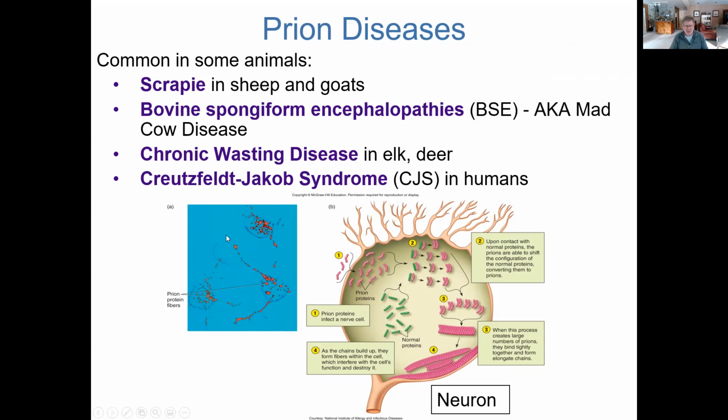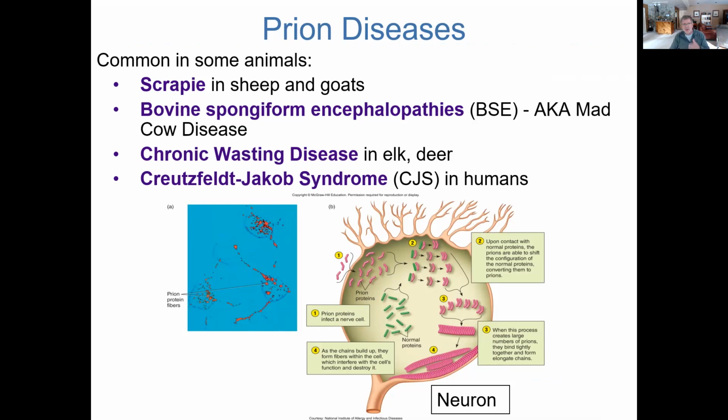So in this particular stained slide, we can see the prion proteins here in sort of orange. This indicates where in the cytoplasm the prion fibers have been deposited. And what that does is it prevents the neuron from transmitting the impulse like it ordinarily would. You all remember from A&P2 the process of depolarization, repolarization of the neuron membrane and all that good stuff.